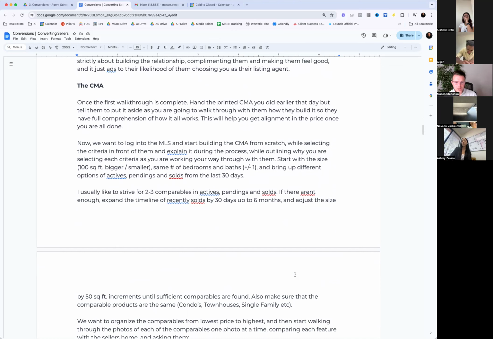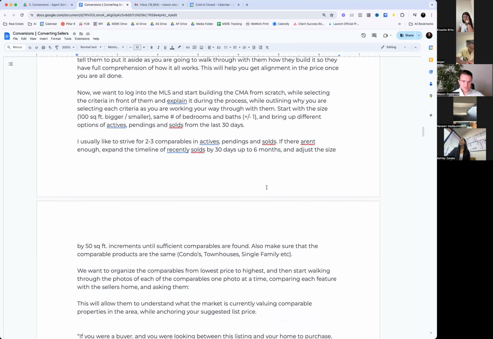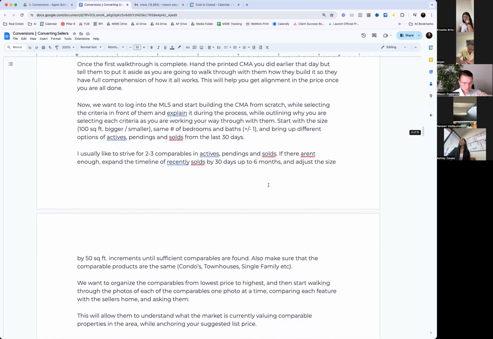We want to build the CMA in front of them and walk them through why we chose the listings we did, why we set up the search the way we did, as well as ground the price and get in alignment on the price once we're all done. So what we'll do is log into the MLS and start building the CMA in front of them on the computer from scratch.